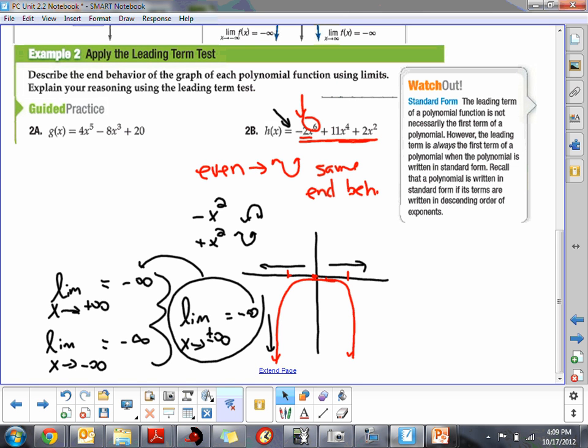If it's negative, it's going to go towards negative infinity. If it's a positive leading coefficient, and this one was not, but if it was, you would have it approaching positive infinity because it'd be smiling and then going towards positive. And then the odd ones are always opposite. That's kind of nice. Odd is opposite end behavior, positive and negative. All right, that's the skinny on that topic.